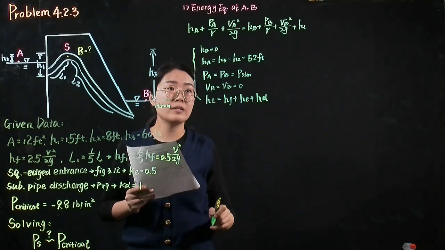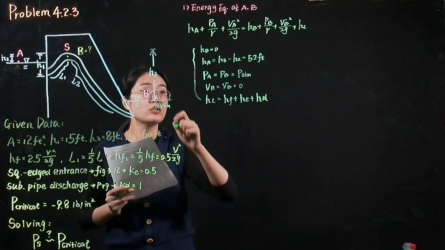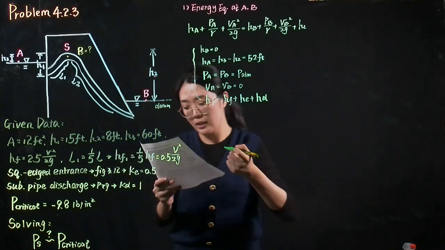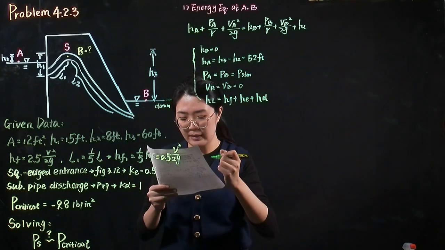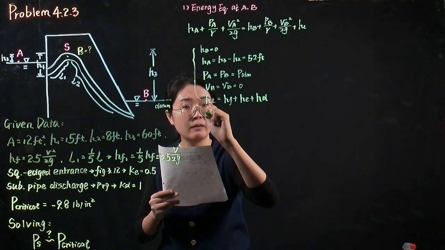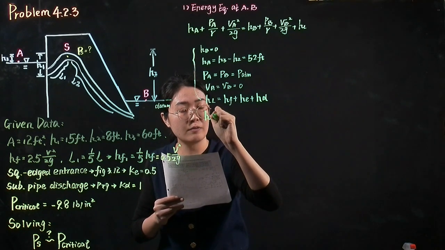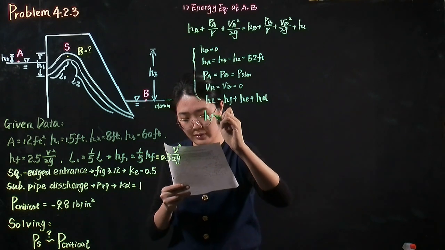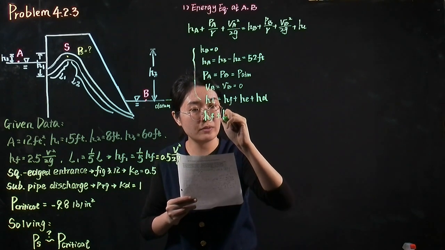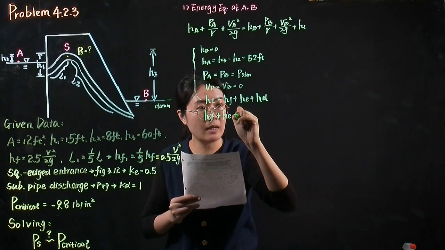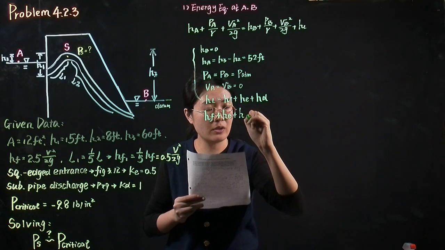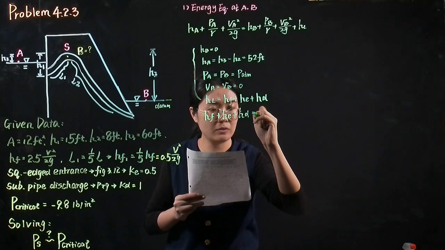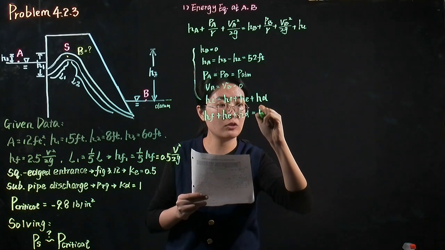If we bring these equations into the energy equation, we can get the friction loss plus the entrance loss plus the discharge loss equals 52 feet.